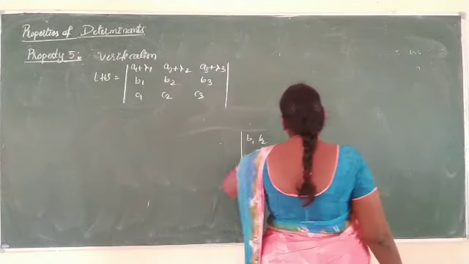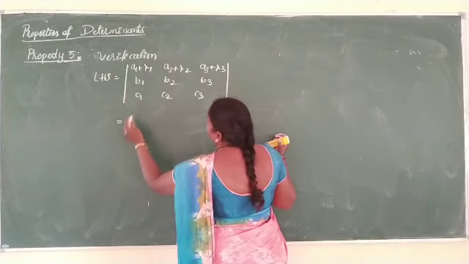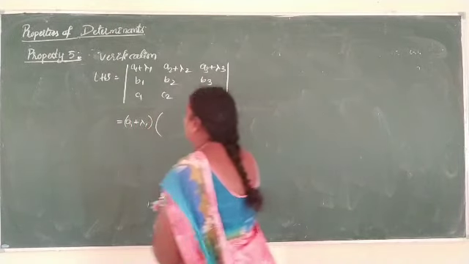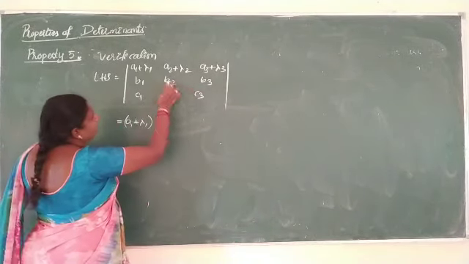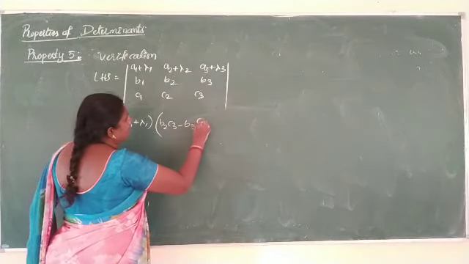How to expand the determinant? In the same way, expand along the first row. So what do we get here? a1 plus lambda 1 into b2 c3 minus b3 c2.